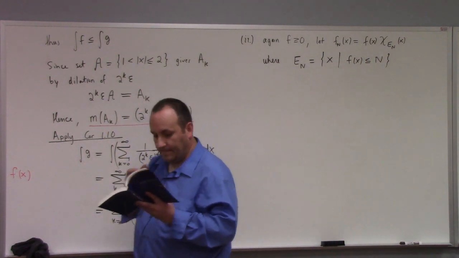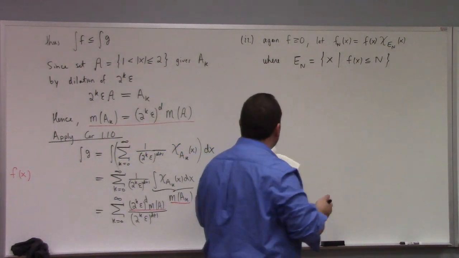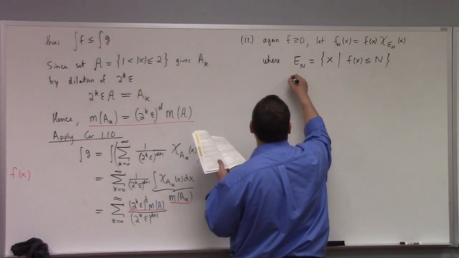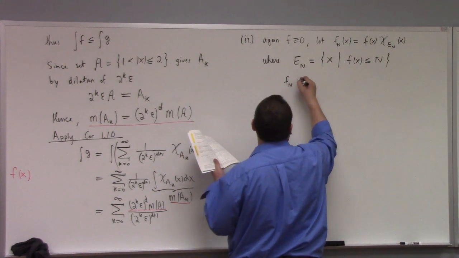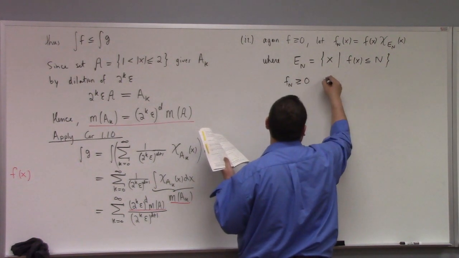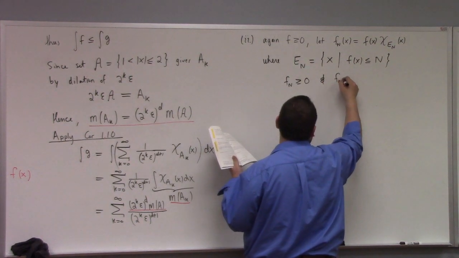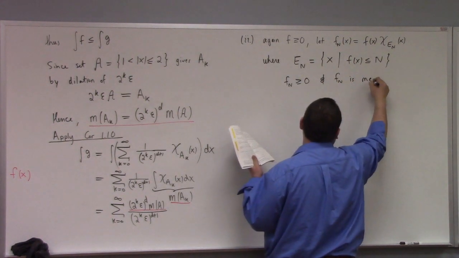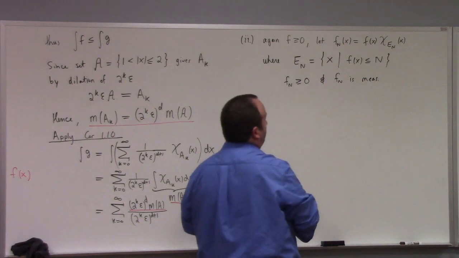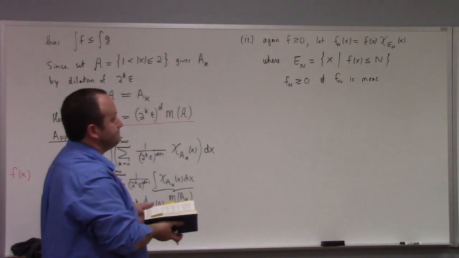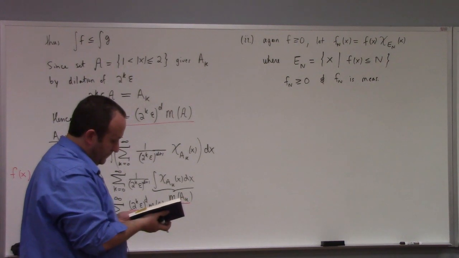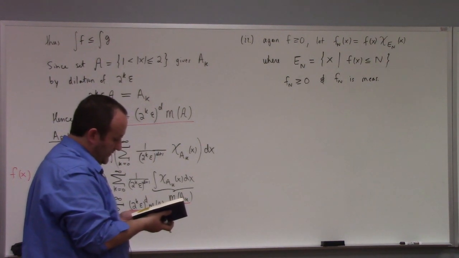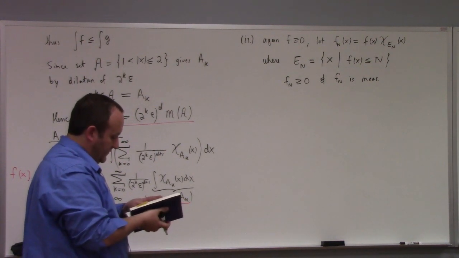All right. And he points out, so let's see here, fn is greater than or equal to 0, and fn is measurable. All right. What else can we say? How does fn compare to fn plus 1?